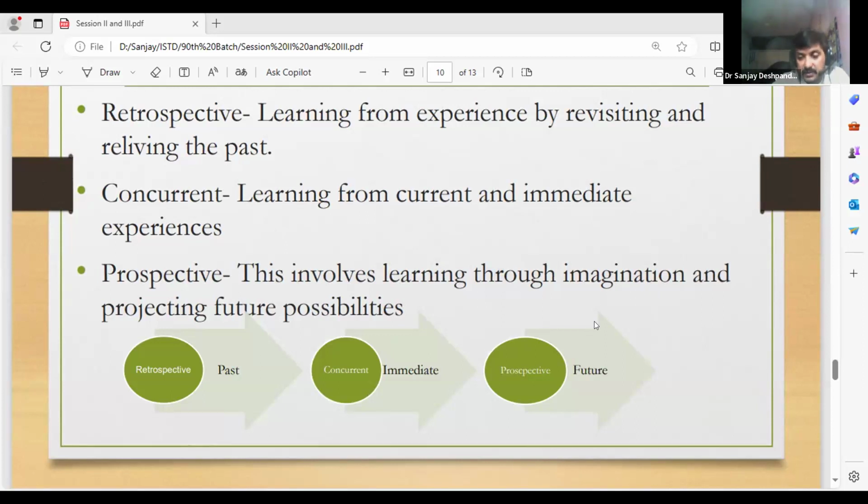Learning for the future is prospective. Learning from the past is retrospective. Concurrent learning is learning from the current situation, today, now. So there are 3 stages of learning.